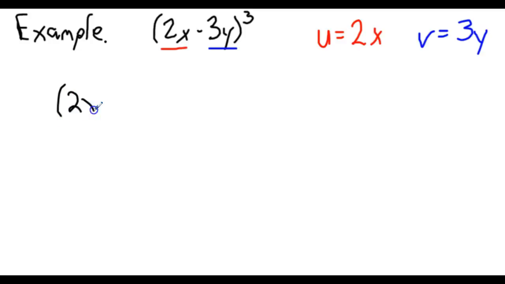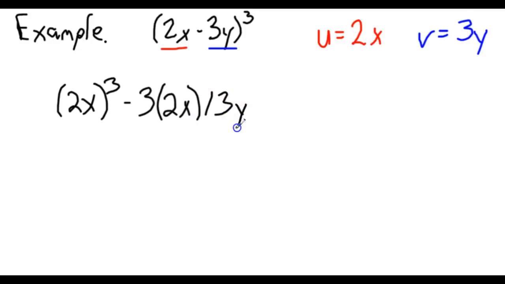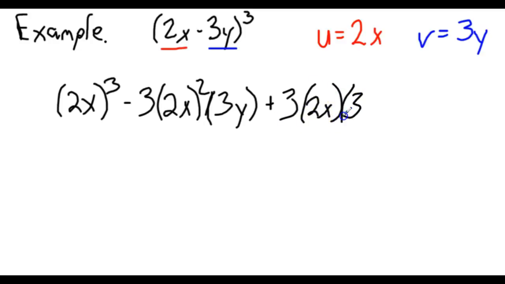So that means we have 2x cubed minus 3 times 2x squared times 3y, plus 3 times 2x times 3y squared, and then finally minus 3y cubed.